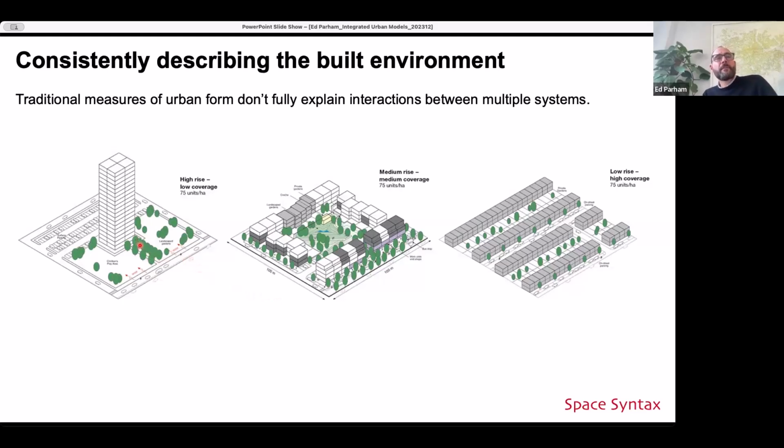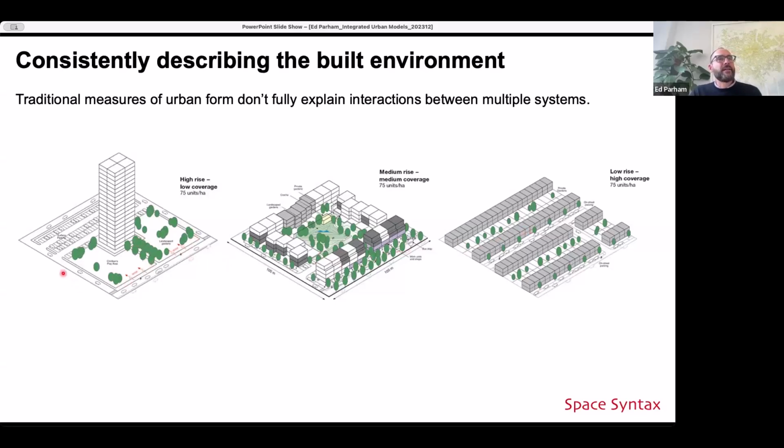And I think traditionally people have talked about density as a way of being able to understand the city. And density is quite useful at some levels, but it has its limitations. The point in this is to say that all 3 of these different areas show the same density. They're all showing 75 dwellings per hectare, but they're all arranged completely differently.